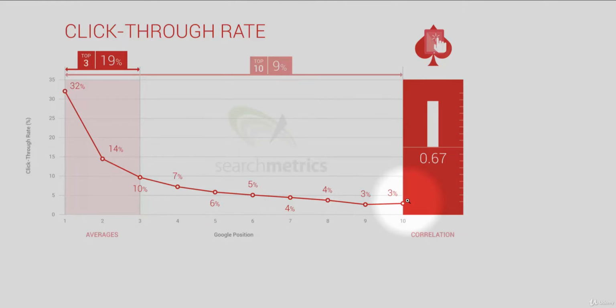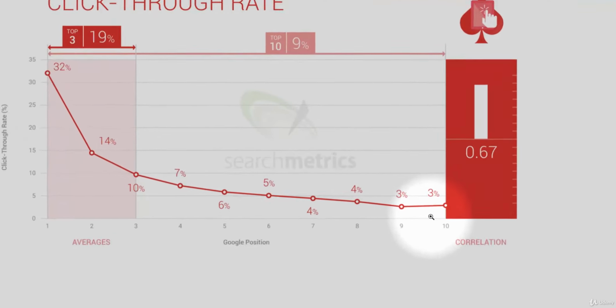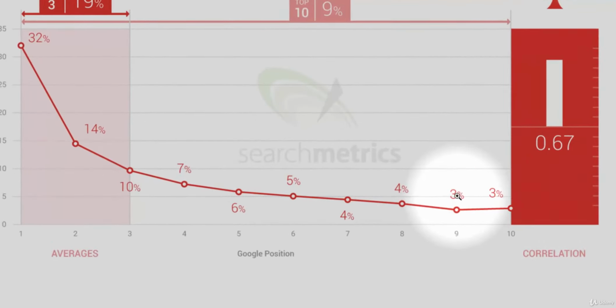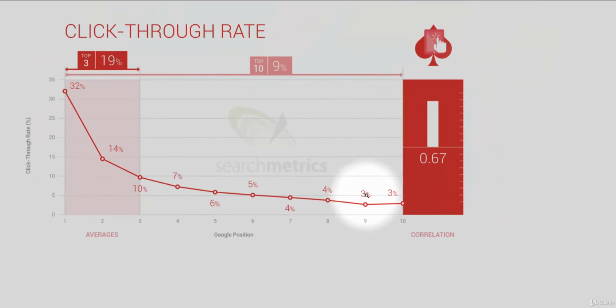But the CTR of the 10th search result is almost equal or slightly higher than the ninth search result. So this seems to be an exception, right? Likewise, only one third of the results show exceptions to this rule, which can also be said as 67% positive or 0.67 correlation, in other words.